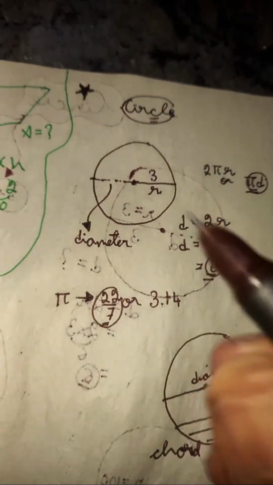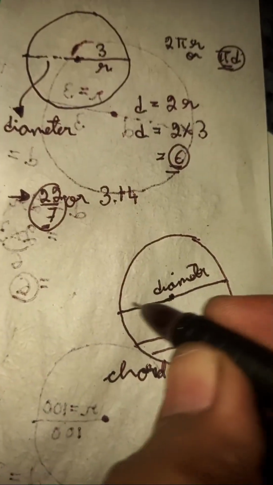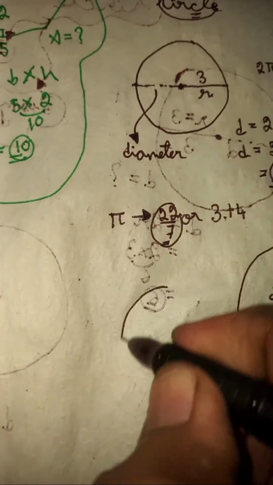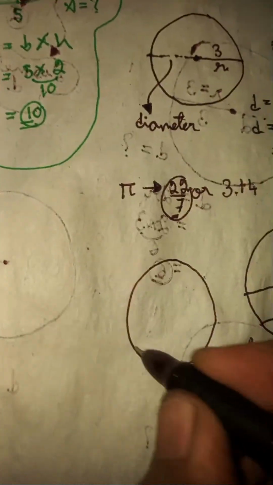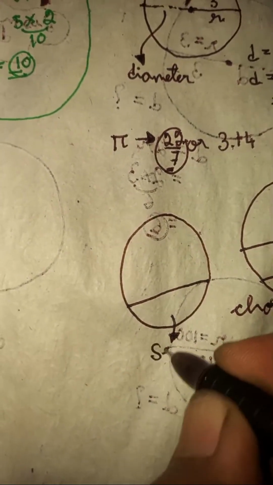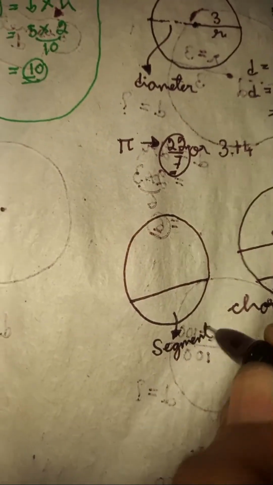The same diameter I told you about earlier is the biggest chord, and a chord divides any circle into segments. Here, the small part is known as a segment. A chord divides a circle into two segments.